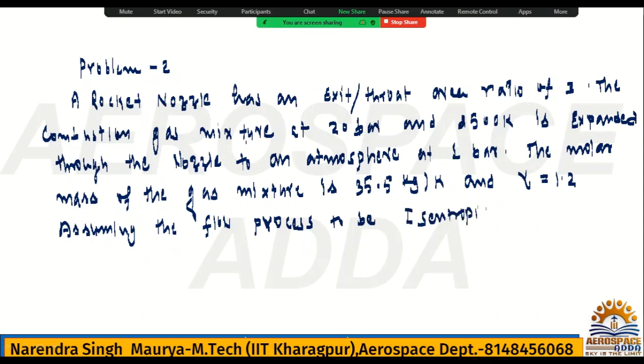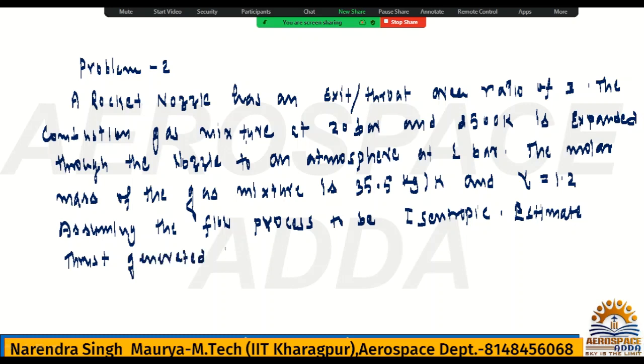Okay, process to be isentropic. Estimate the thrust generated by the nozzle per unit area.